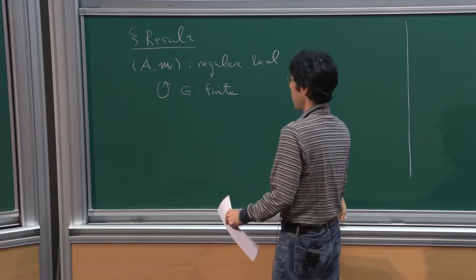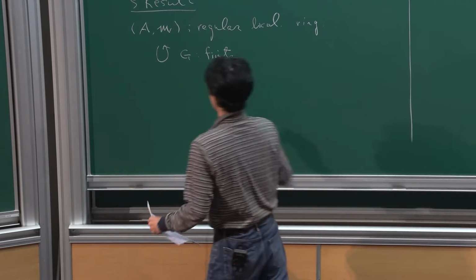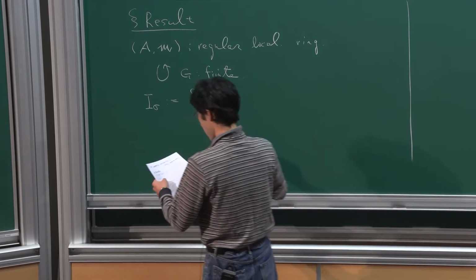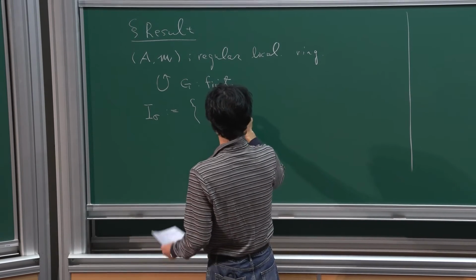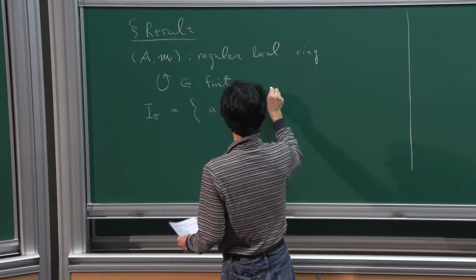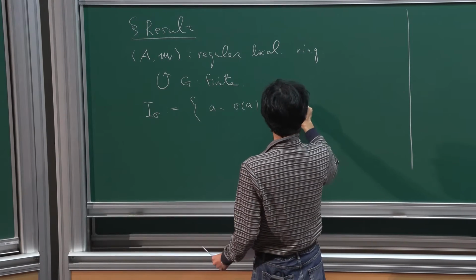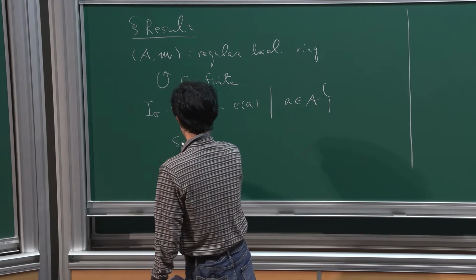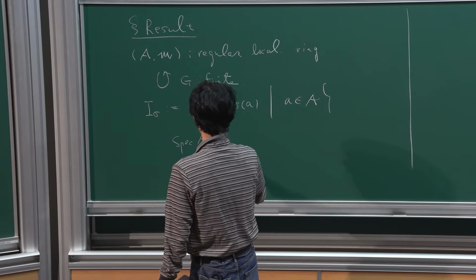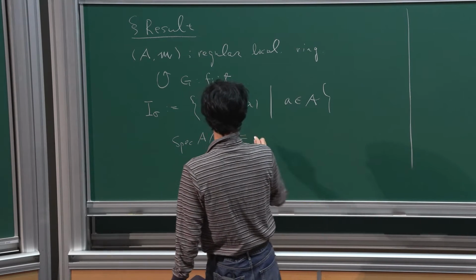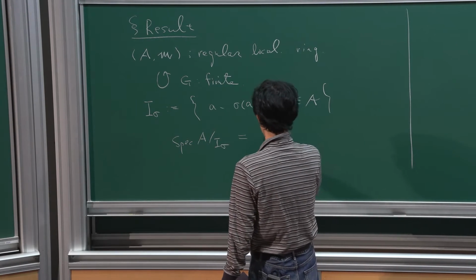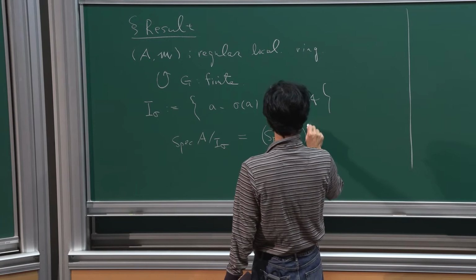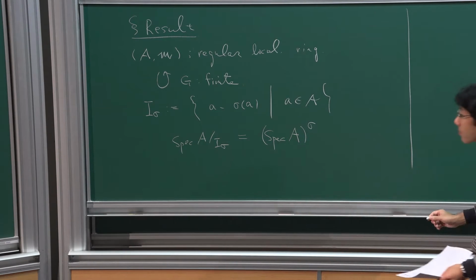And I denote by I_sigma the ideal of A generated by this, or in other words, you can say that the Spec of A over I_sigma is equal to the scheme-theoretic fixed point of sigma. So this is the ideal generated by this.